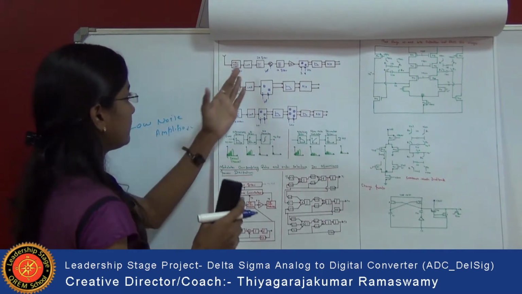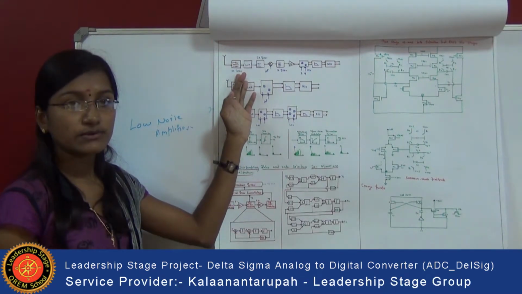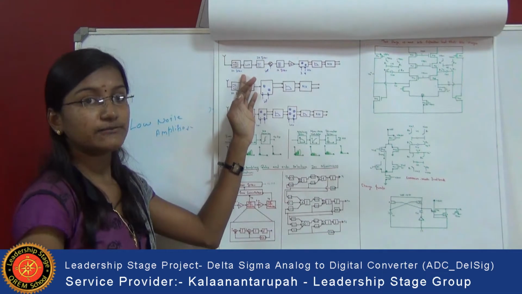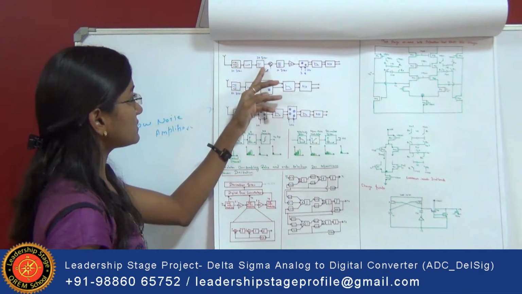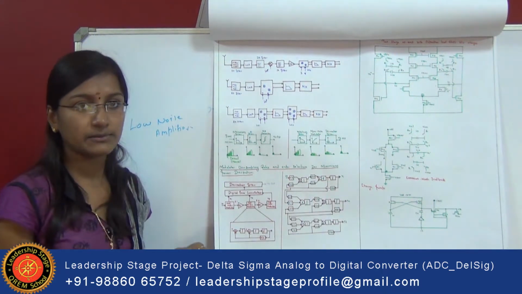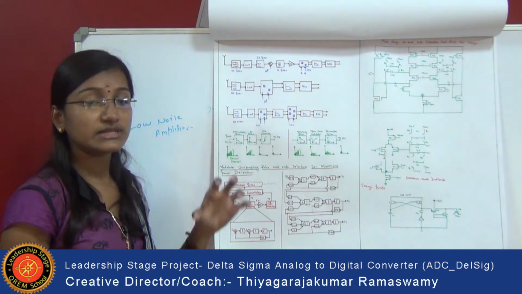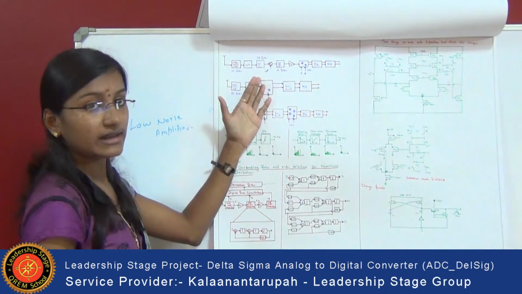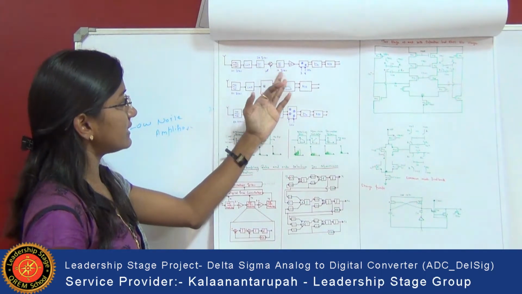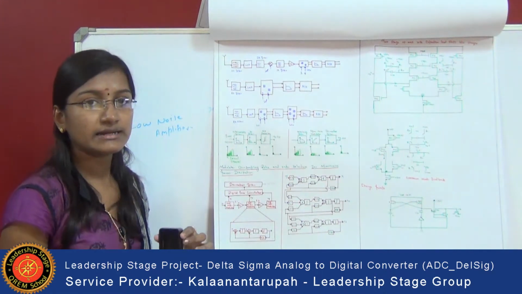The low noise amplifier is used to amplify the weak signal present in this incoming signal, and it is passed to the IR filter. The IR filter is used to block the infrared light, and the signal is passed to the modulator and IF. IF is nothing but intermediate frequency.